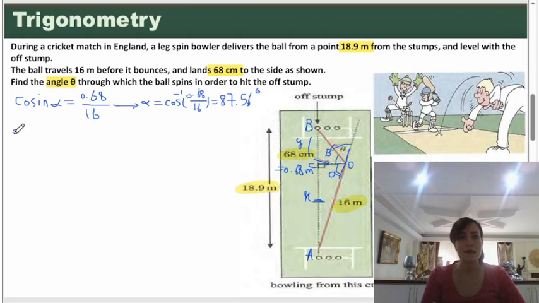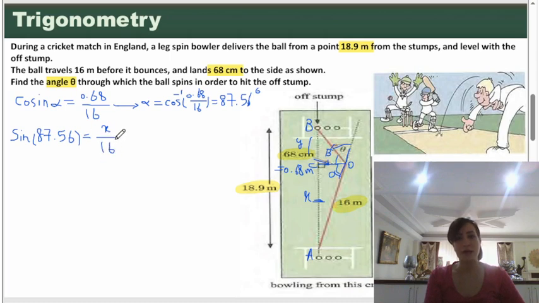I say sine of alpha, I substitute the amount of alpha which I found, 87.56 degrees, equals the opposite side, which is x, over the hypotenuse, which is 16.